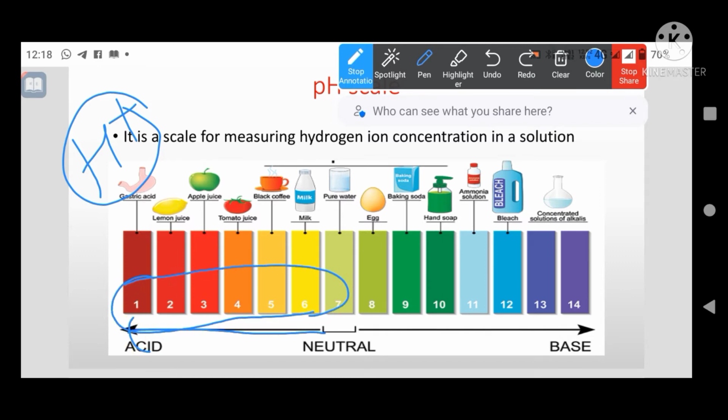The potential of H ions is more in that solution, and more H plus ions means lower pH.